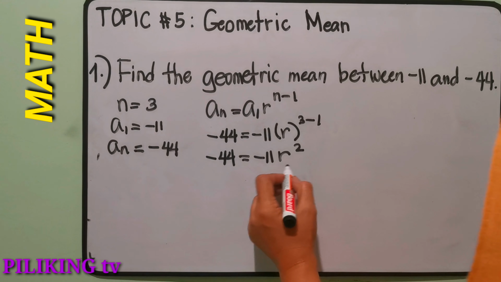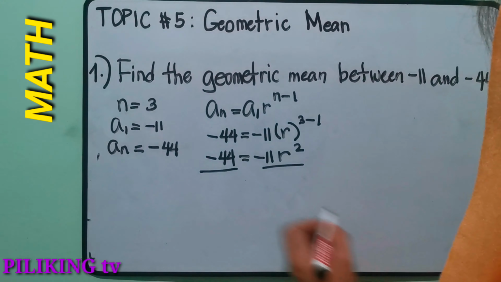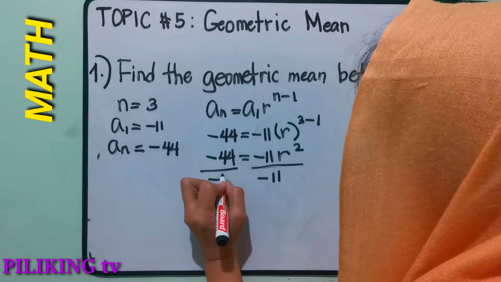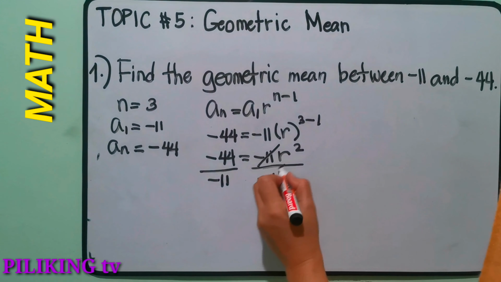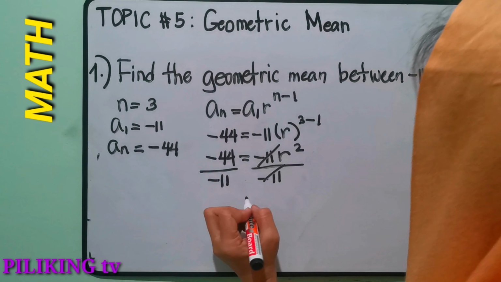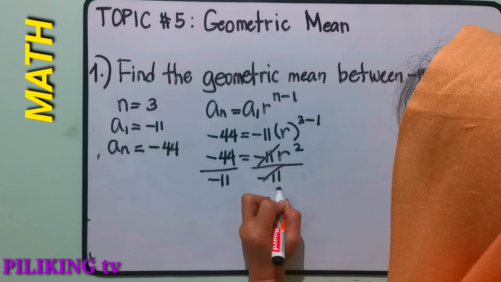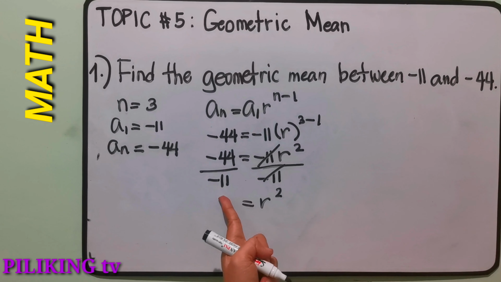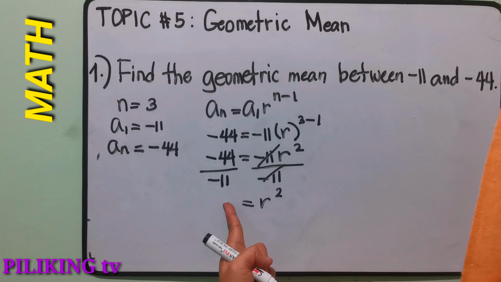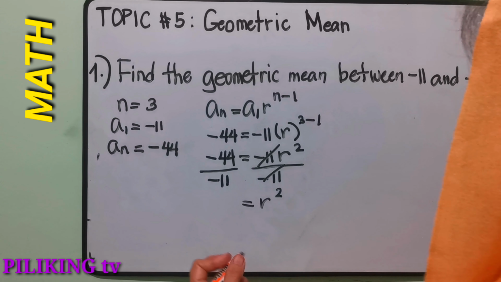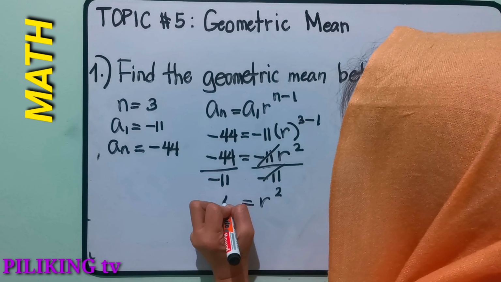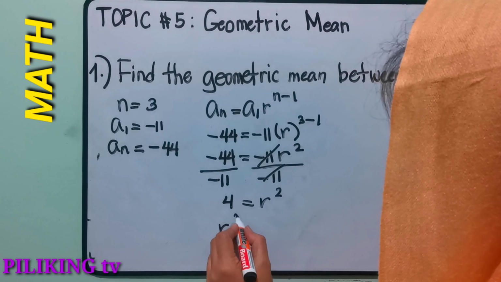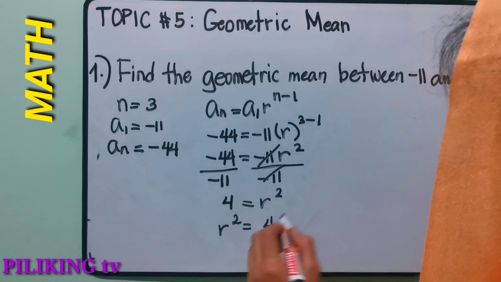So to simplify this one, you divide first by -11. Okay? So that you can cancel this one. So the remaining here is r squared is equal to, what is -44 divided by -11. Since you are dividing like signs, the sign will be positive. So therefore, that is equivalent to 4. Or you can write it also as r squared is equal to 4.